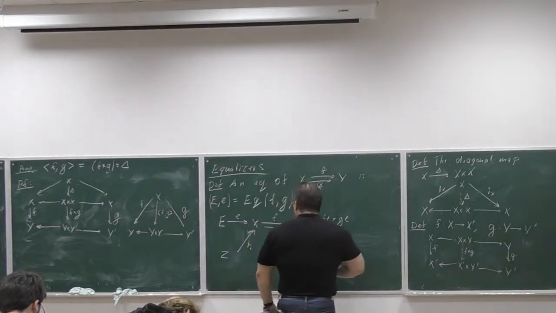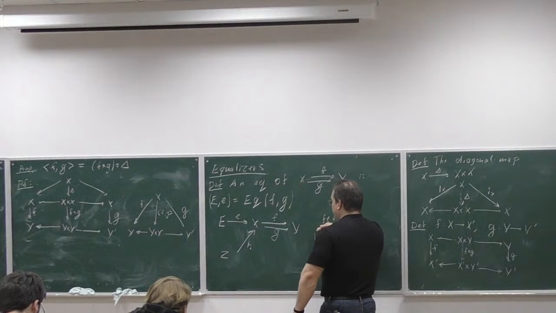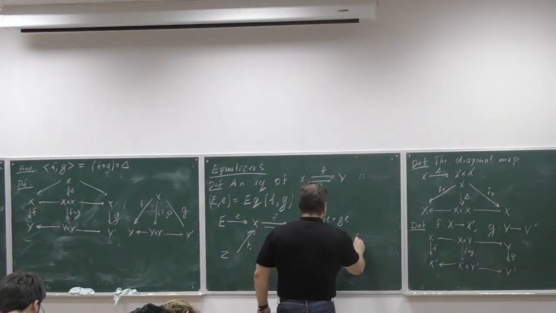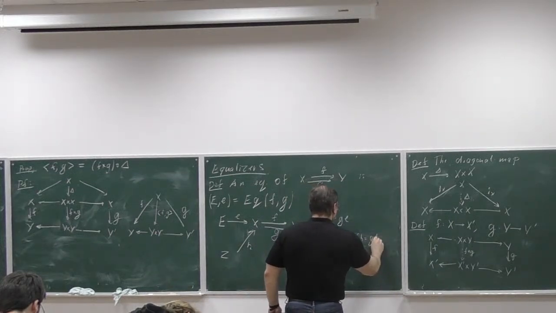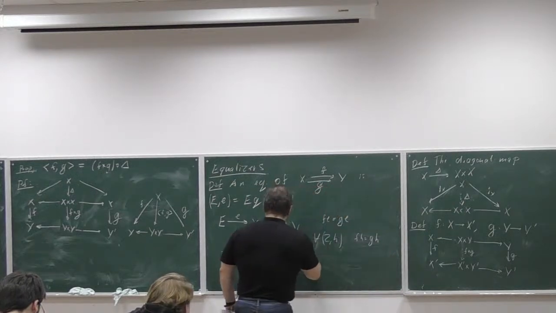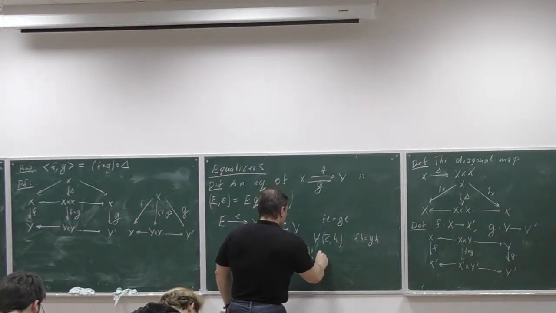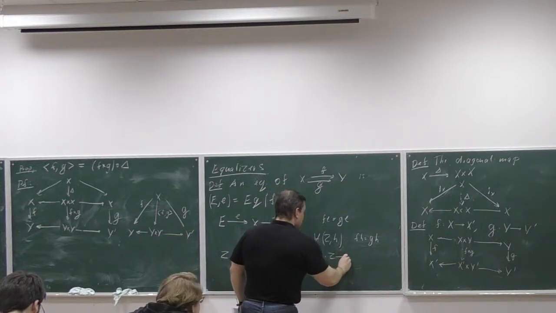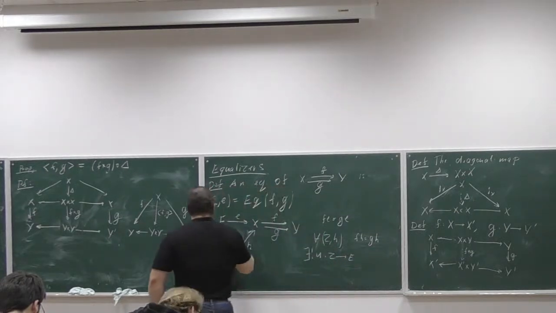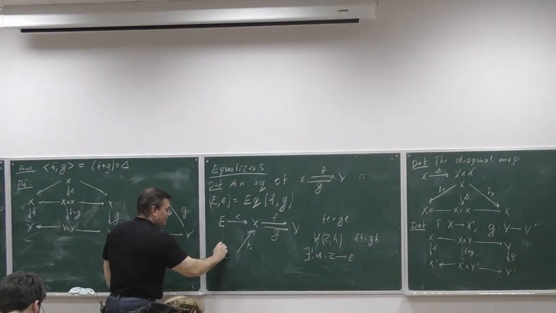Of course, as before, I need to assume that this property is satisfied, meaning that FH is the same as GH. And this implies that there is a unique map, say U, from Z to E, such that this triangle is commutative.